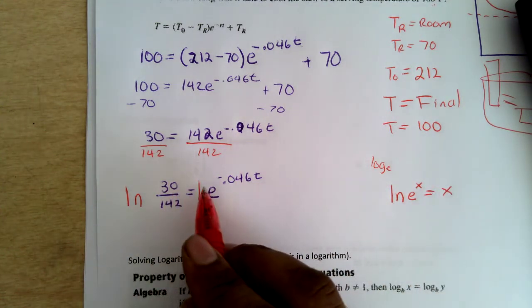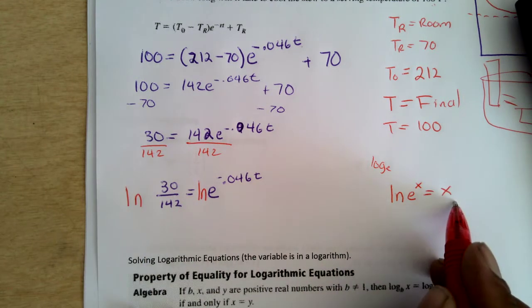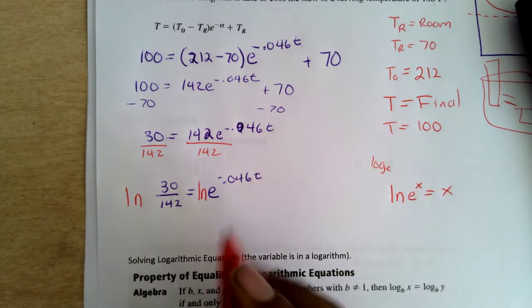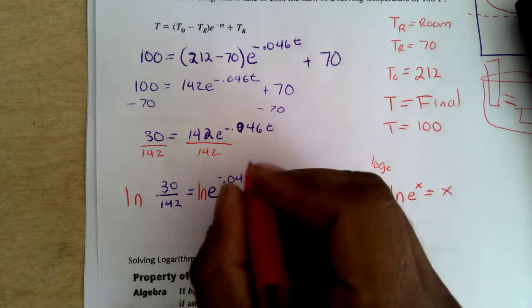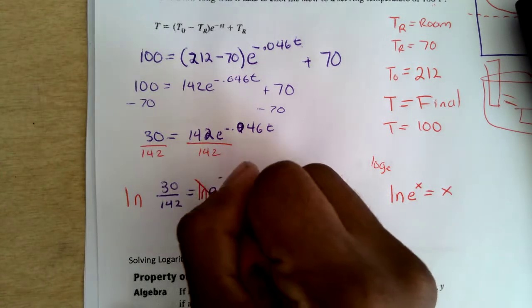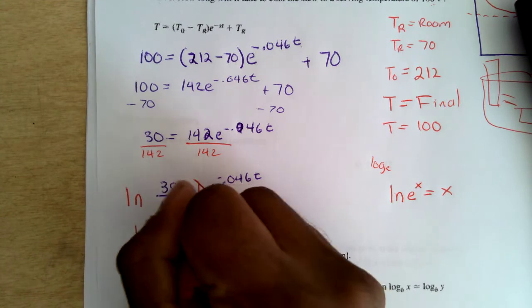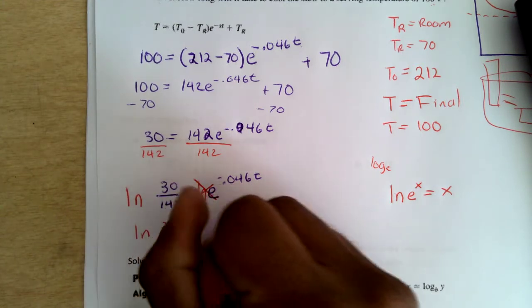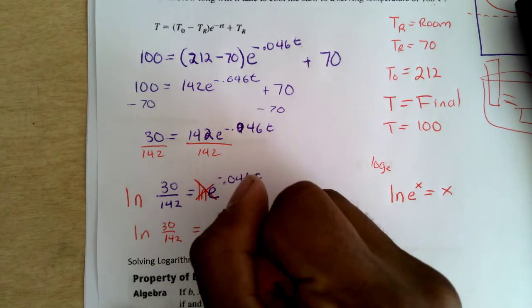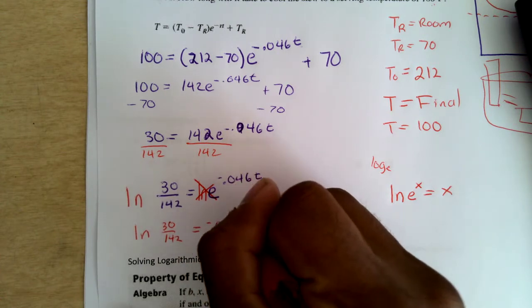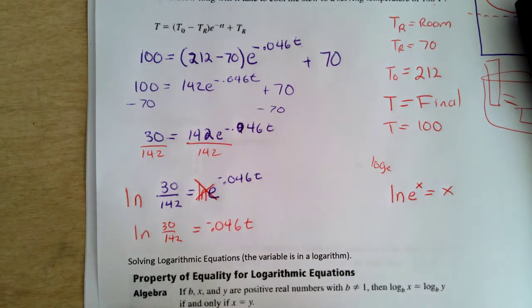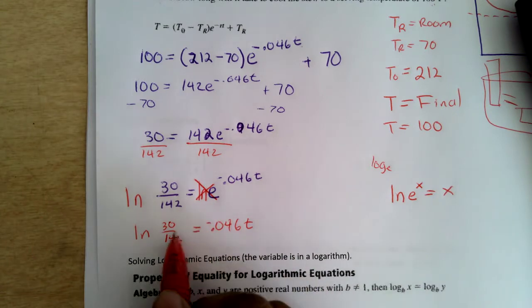There is another way you could also think of this as rewriting into logarithm, but I find that this is what people like the best for solving problems. So on this side, that cancels out. And what we get is ln of 30 over 142 equals negative 0.046 t. And this is something we're going to put in a calculator.